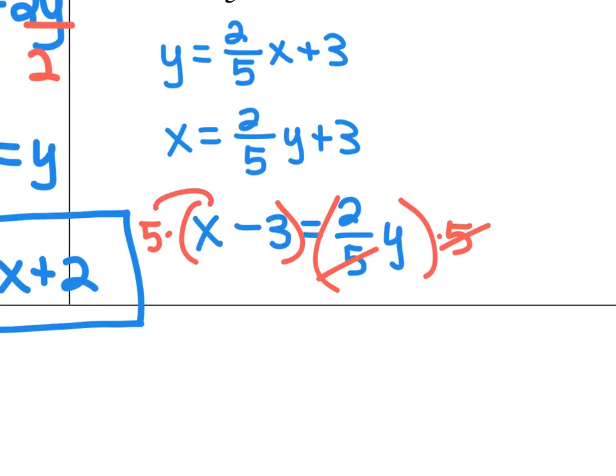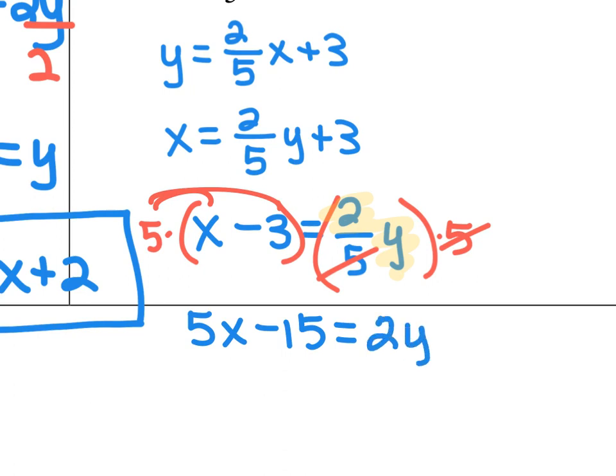On the left, I'm going to do the distributive property, and I get 5x minus 15 equals, now I still have that 2. The 2 is still there with the y, and so the 5x minus 15 is equal to 2y.